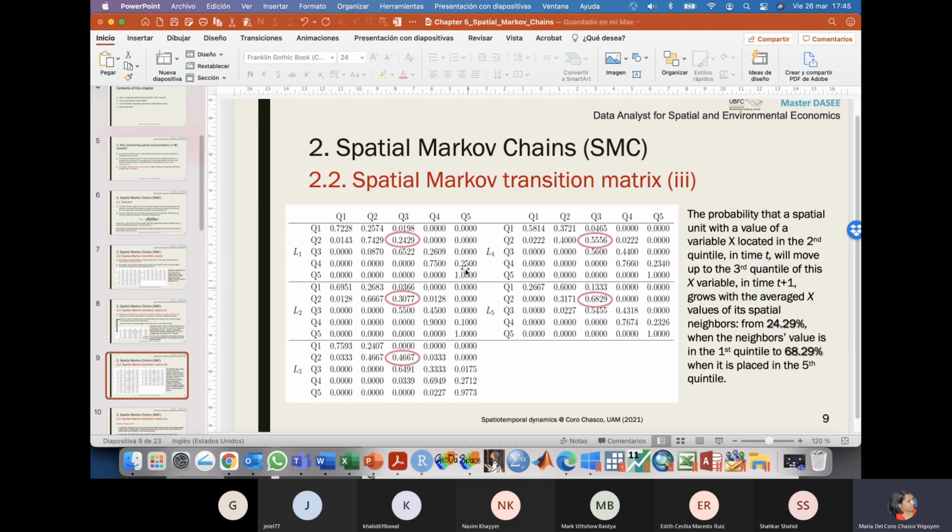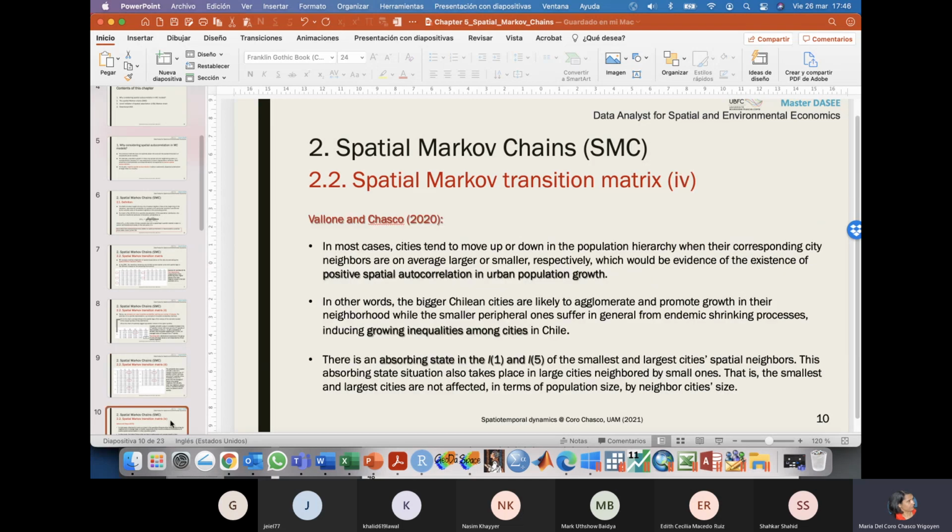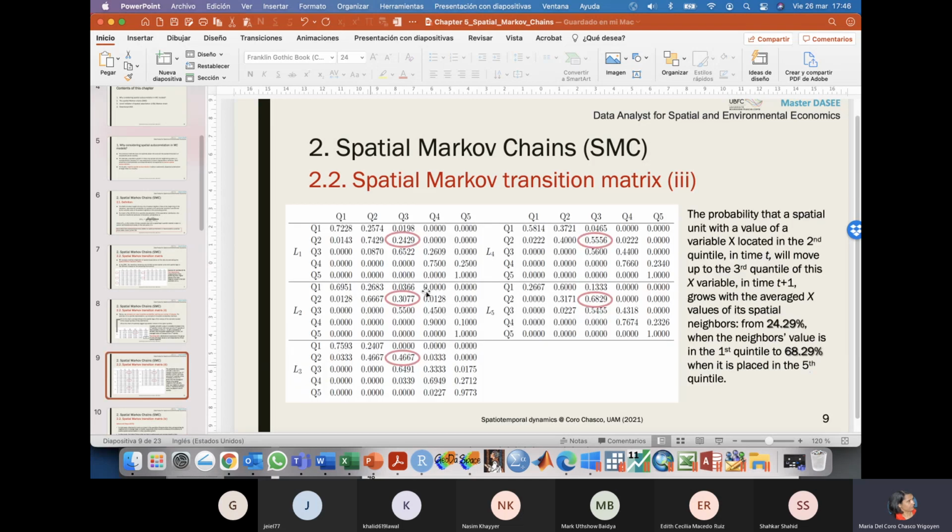So here we have that. Let's see. Well, it is not exactly the same for staying in one. I think that this conclusion is not very well. I will change it. This one is only present from Q5 to Q5, not in Q1. In Q1, the probability is high.